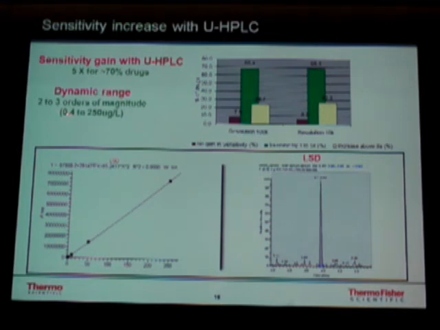The dynamic range for this analysis for these 40 drugs was 2 to 3 orders of magnitude, that is from 0.4 to 250 micrograms per liter. This is one example of the quantitation of one of the drugs, LSD. Pretty linear.